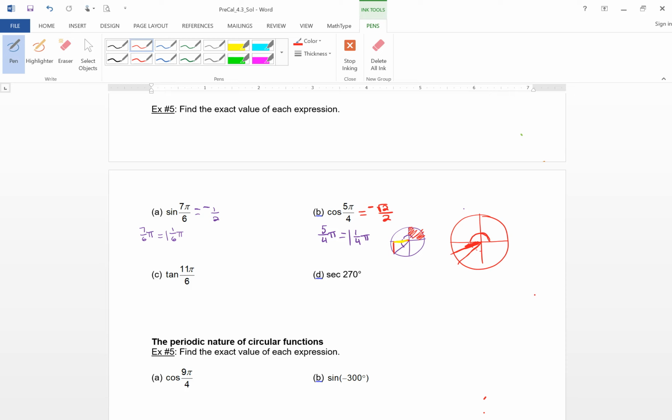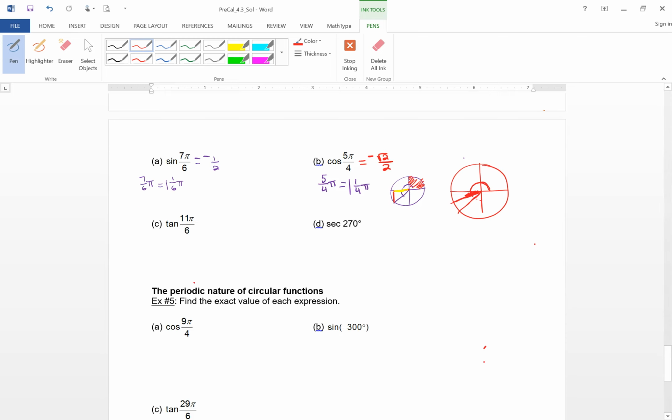All right, so look at this one. This is an over 6. Here we have 11 pi over 6. 11 over 6 pi is 1 and 5 over 6 pi. So let's see where that takes us. Here is 1 full pi, right? Now I have to go 5 over 6 pi. 5 over 6, that's almost another pi, right?